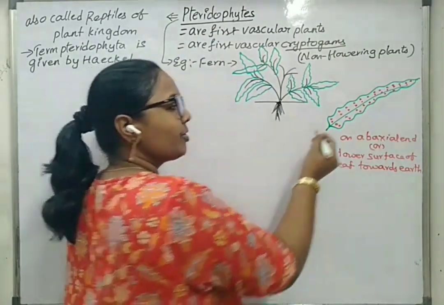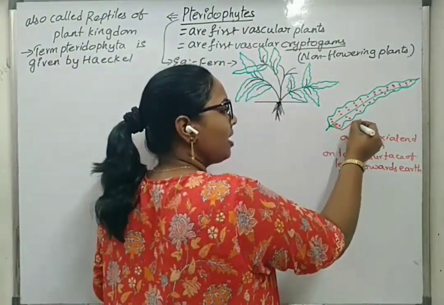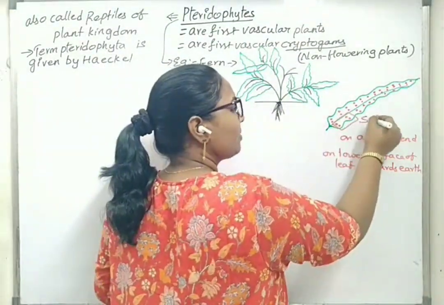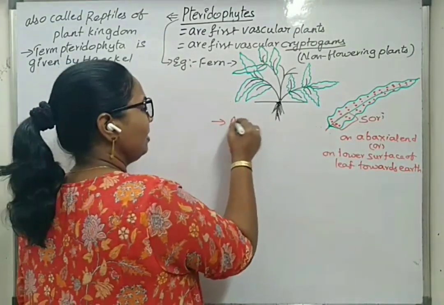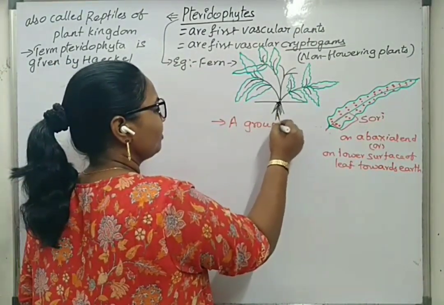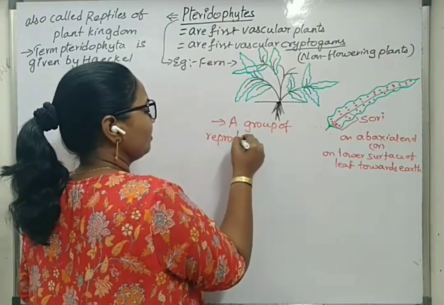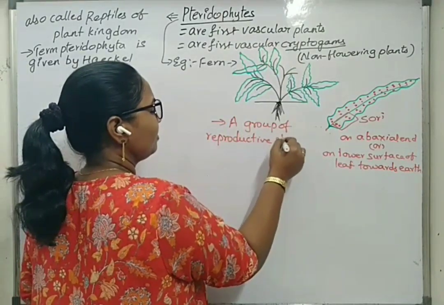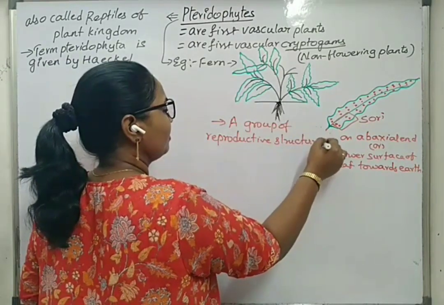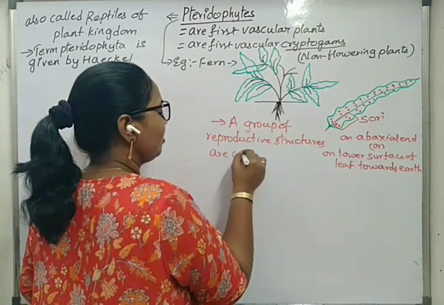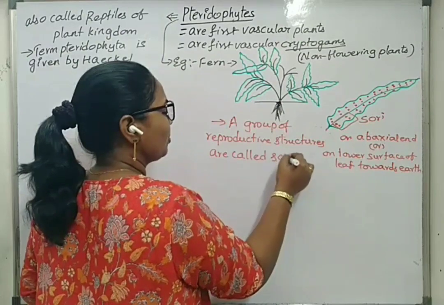A group of such spore-like reproductive structures is called sori.